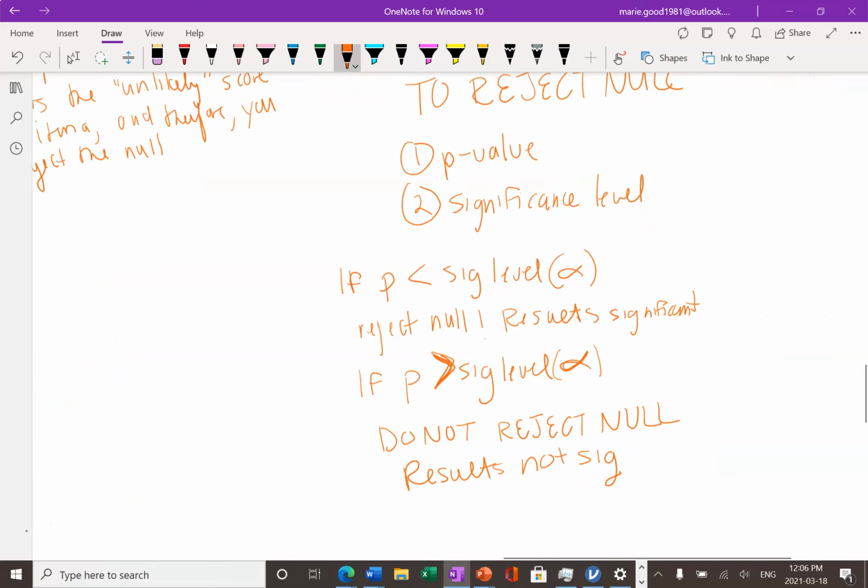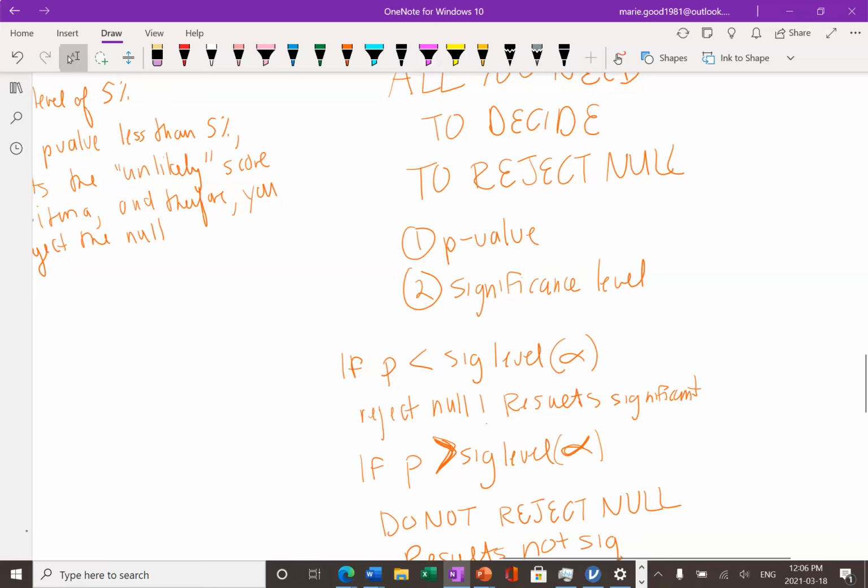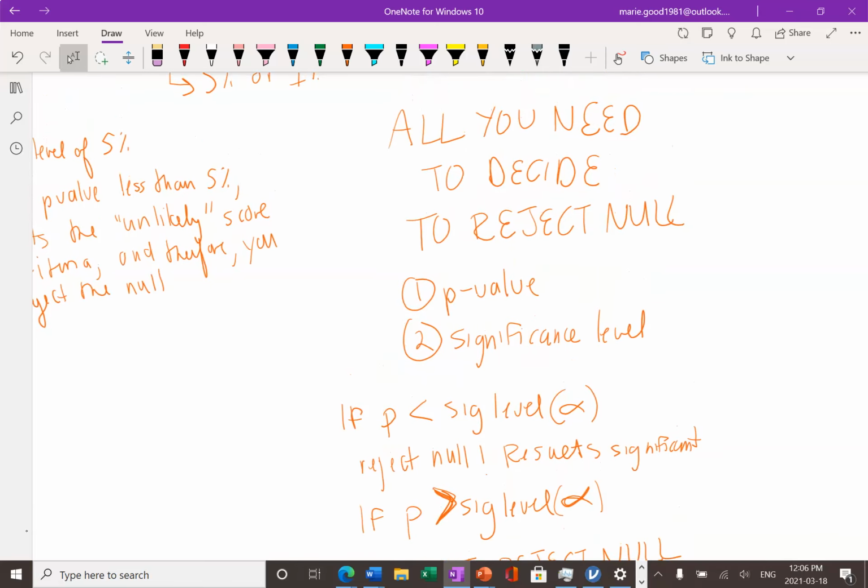So this is actually a much more simple and straightforward way of doing hypothesis testing, where all you need is the p-value and the significance level, and you're just comparing them. And the beauty of doing this in Jamovi is that that's all you really need. So p-value, you are never going to have to calculate it.